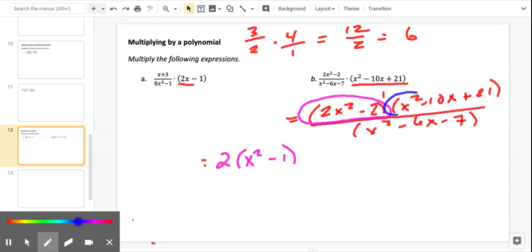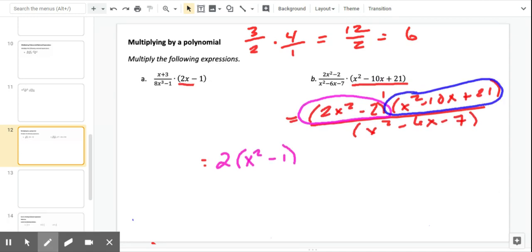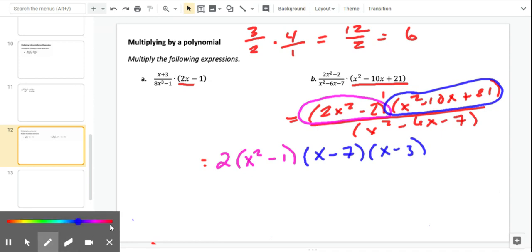So this right here, x squared minus 10x plus 21 is a trinomial. So we want to know what adds to negative 10 that multiplies to 21. And that would be x minus 7 and x minus 3. Negative 7 plus negative 3 is negative 10. Negative 7 times negative 3 is 21. Let's look at the denominator.